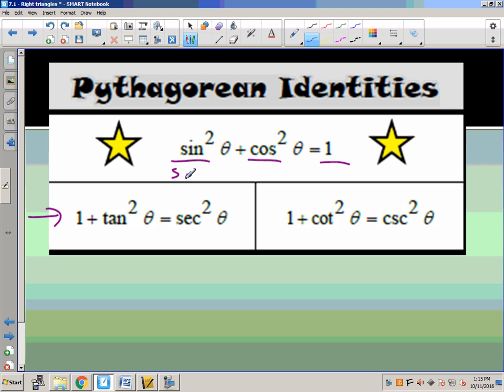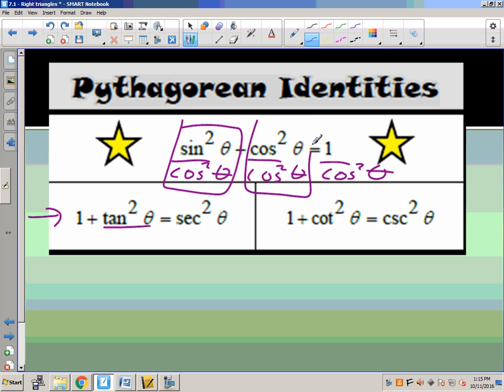Oops, no, I don't want to do that. Hang on. Back that up. How about this? Just divide through by cosine squared. No? Okay. It's all right. What's this? Sine over cosine is what?